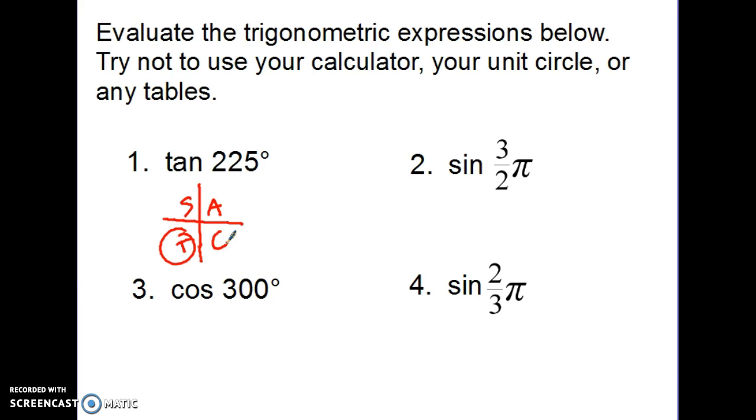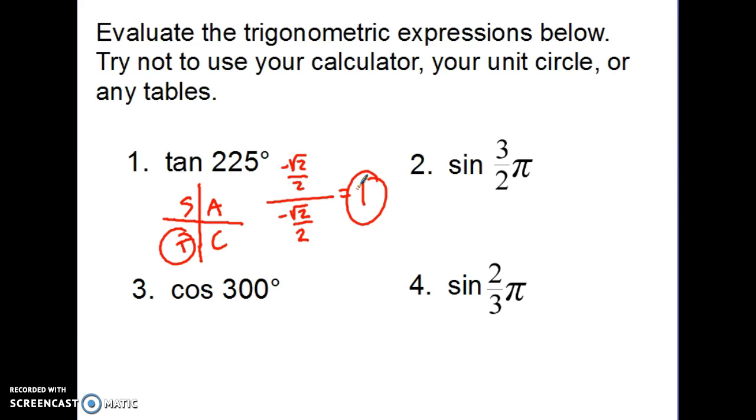What do you notice about the x value and the y value? They're exactly the same, and they're both negative. The x value is square root 2 over 2. The y value is square root 2 over 2. They're both negative. Anything over itself simplifies to what? 1. And 1 is positive, and tangent values in the third quadrant should be positive. So those aren't so bad. You just have to know kind of where you are.